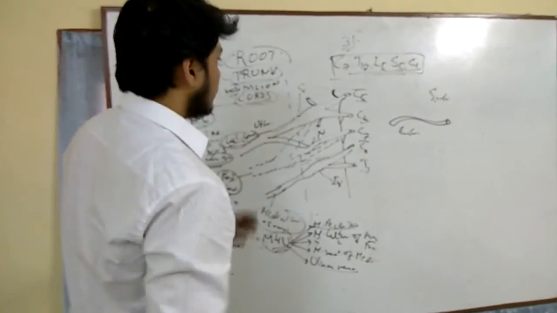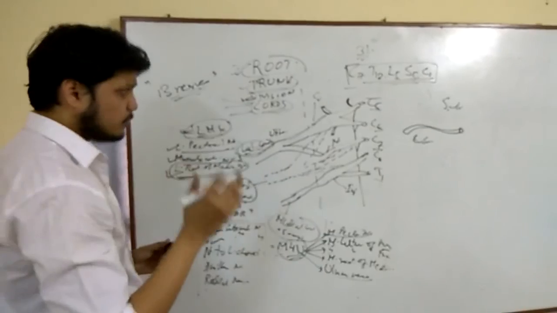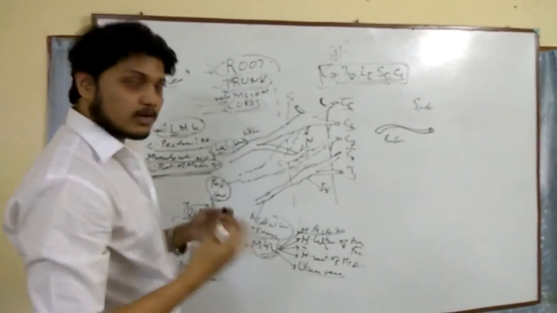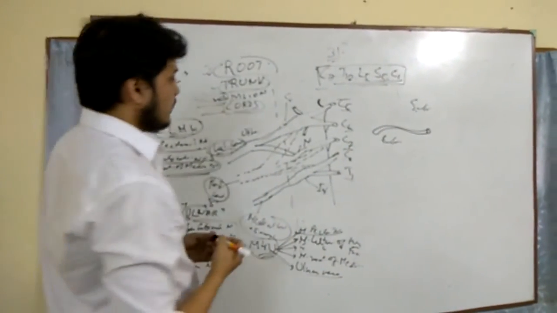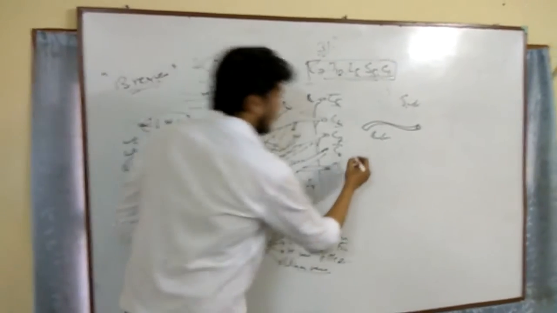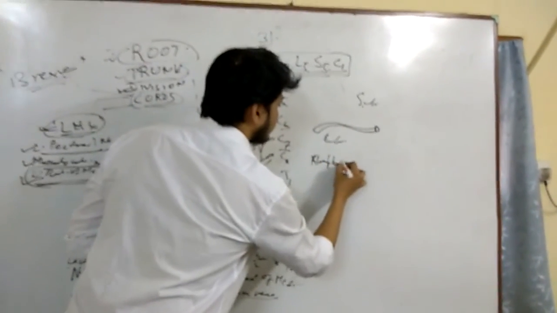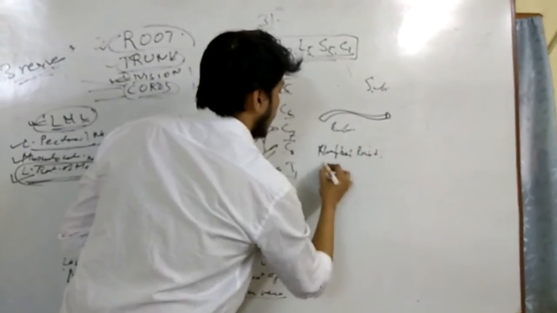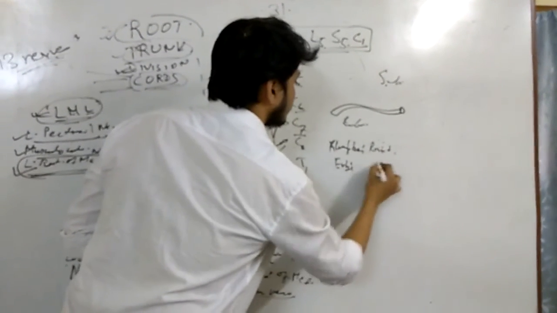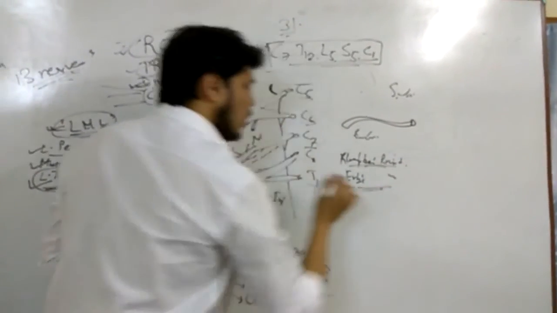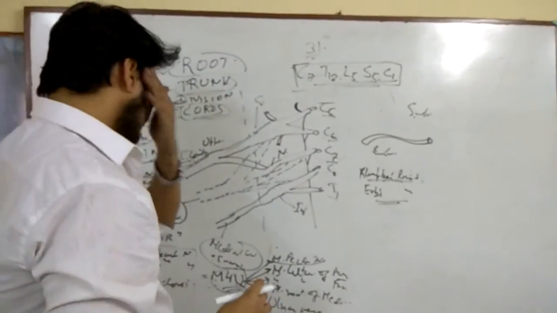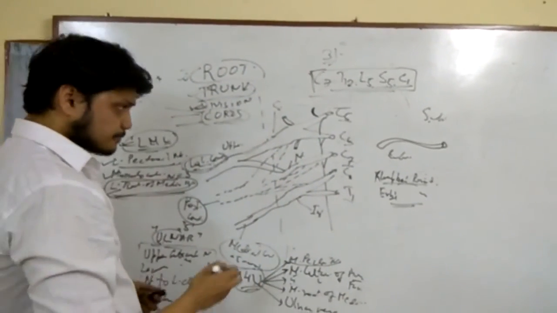Now, finally, we are left with a few applied anatomy points, what we apply clinically every day. We have 2 points to know. One is called the Klumpke's point, the other is called the Erb's point. Very important. A lot has been asked from here in our various competitive exams.